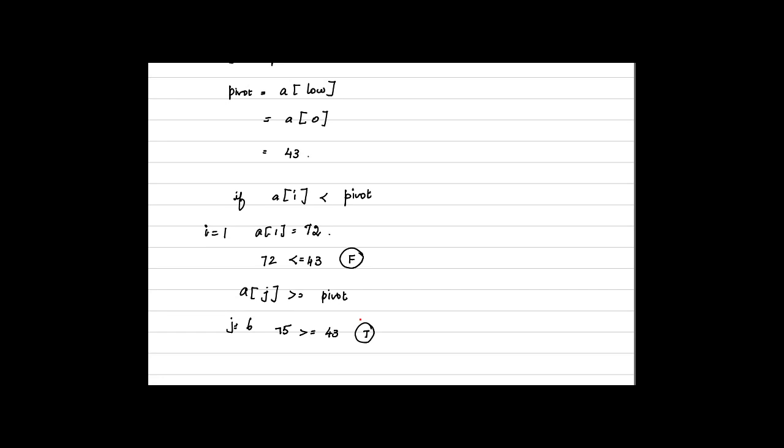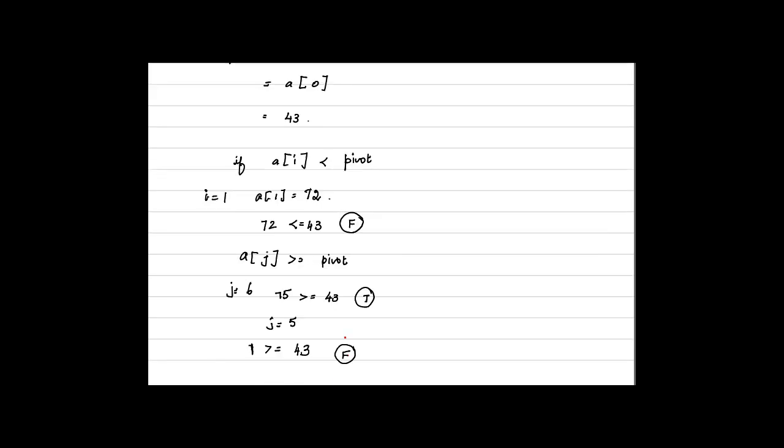The condition is true. Now j gets decremented to 5, j minus 1. So it checks A of 5. A of 5 is now 1. Is 1 greater than or equal to 43? This condition fails. So it moves on to the if condition.